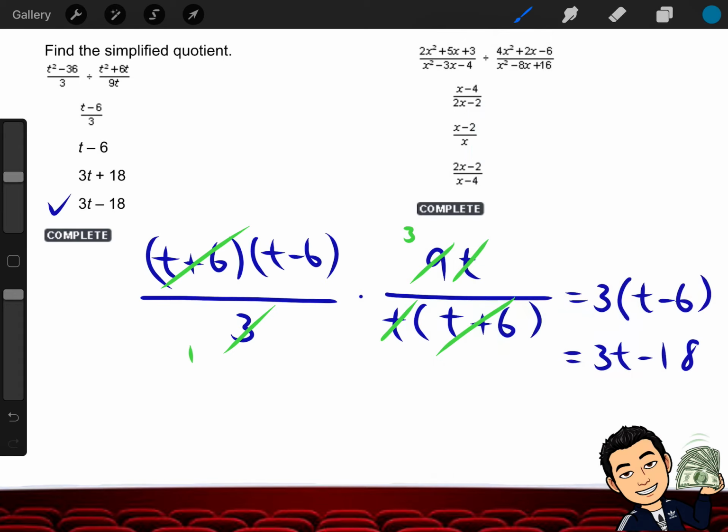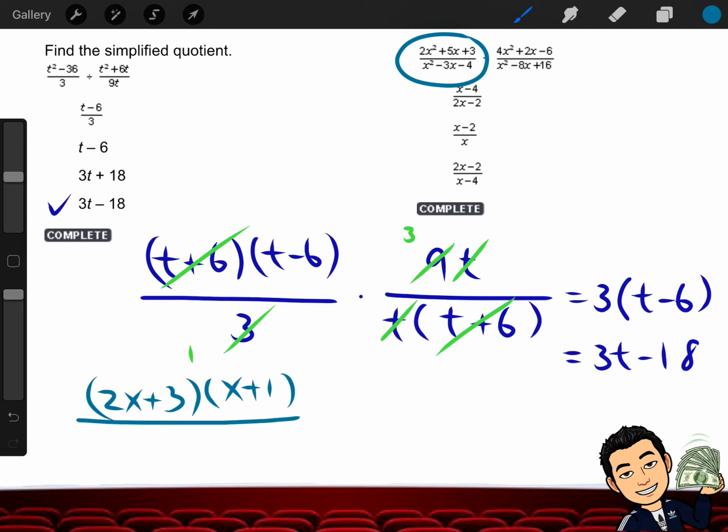Change my color. So this next one looks very complicated. So let's factor out the numerator and denominator. So you're just going to get 2x plus 3 times x plus 1 over x minus 4 times x plus 1. Okay, you're going to have to multiply by the reciprocal.